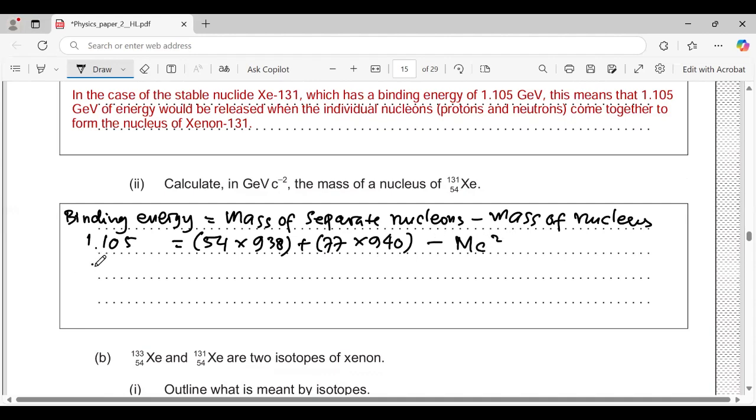I would like to convert into mega electron volts, so it becomes 1105 MeV. So it's going to be 50,652 plus 70,380 minus mc squared.